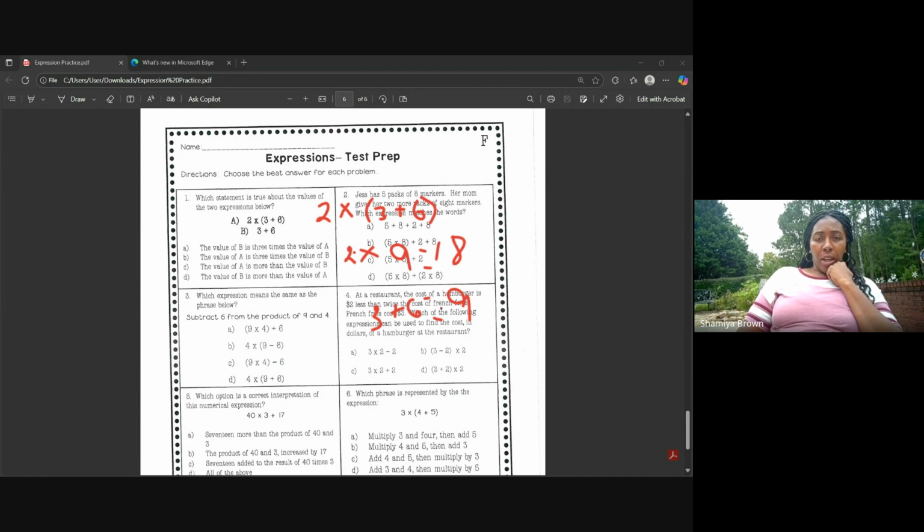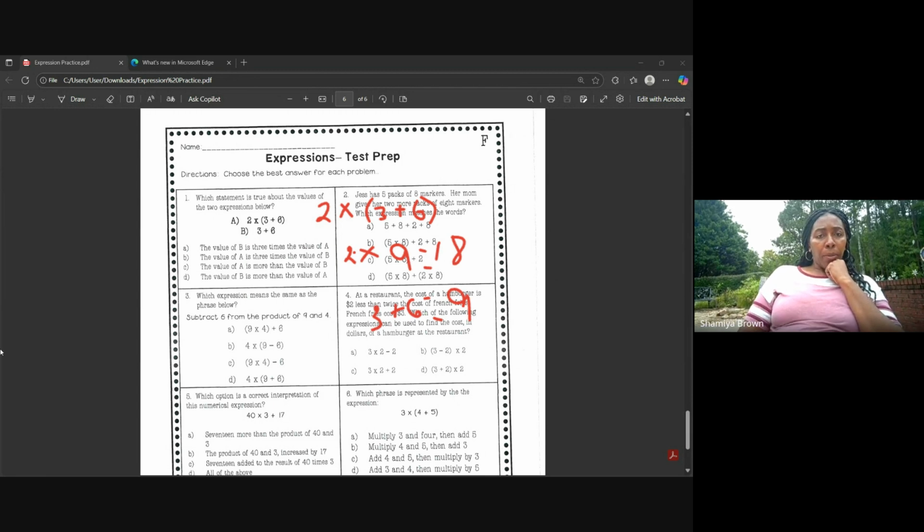So they're saying that the value of B is 3 times more than the value of A. Well, I know that can't be true because the value of B is 9 and the value of A is 18. 9 is smaller than 18, so it can't be 3 times the value of A. So nope, A is not true.